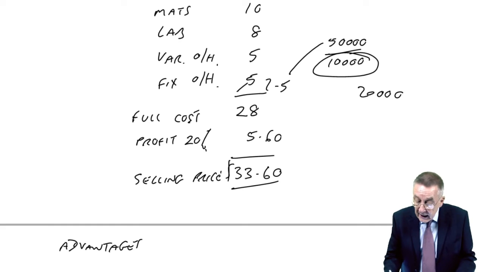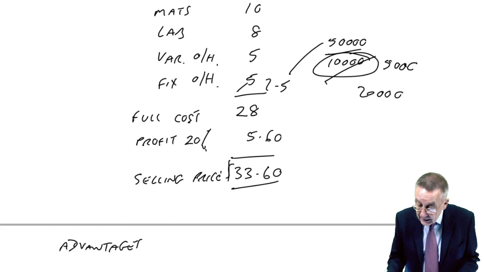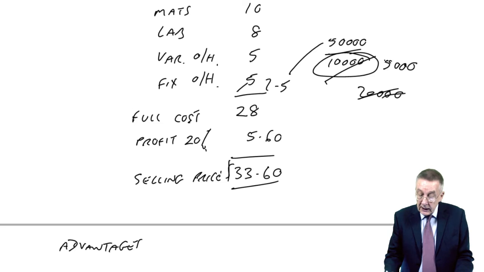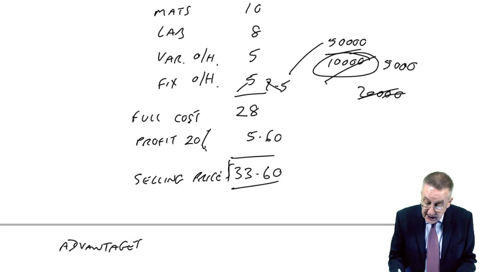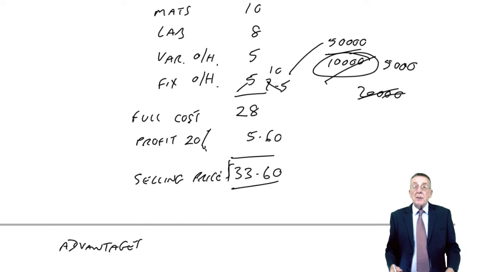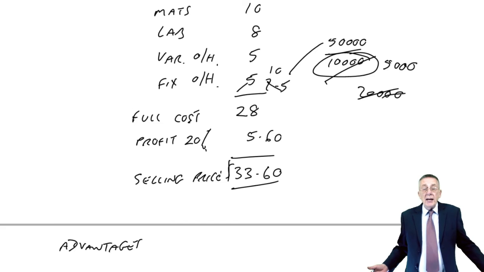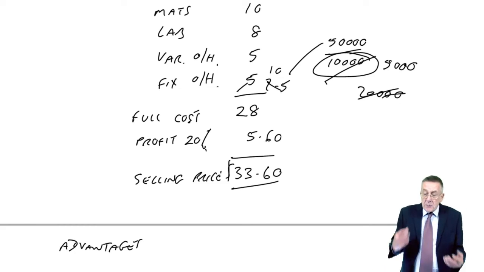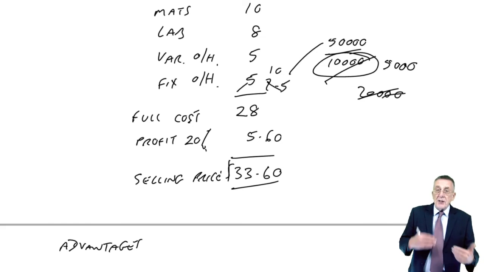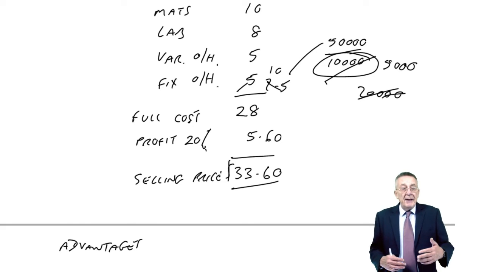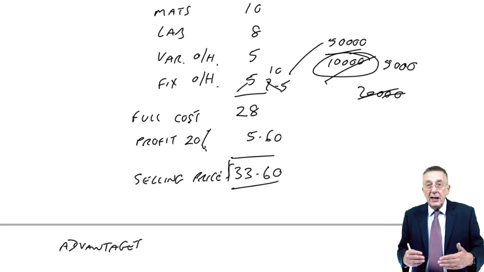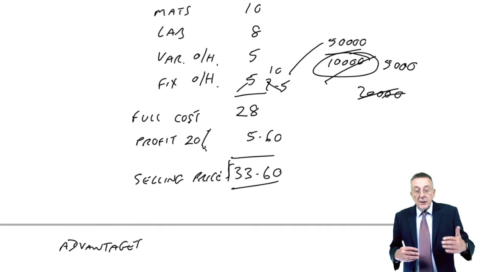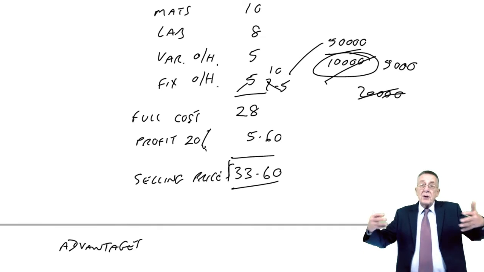On the other hand, if we end up selling less, if we only sold 5,000, the fixed overheads would be what, $10 a unit. The cost goes up a lot more, and we should be charging a higher price. So that's the problem, and it relates to this price demand business, that as the price is higher or lower, that's likely to mean you sell more units or less units.